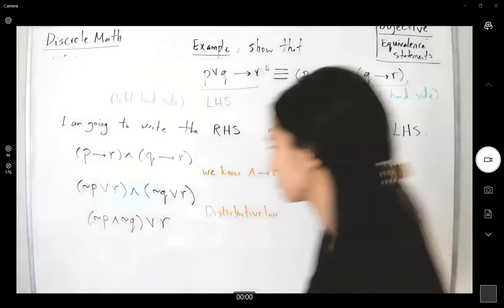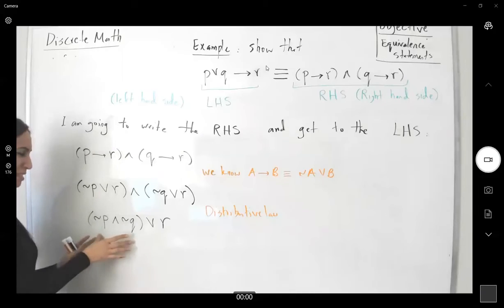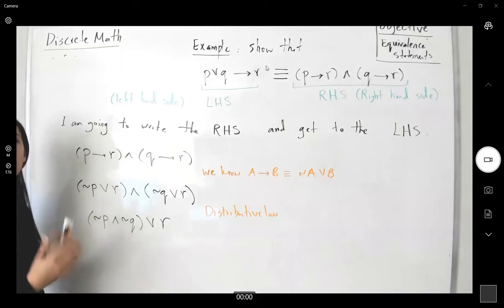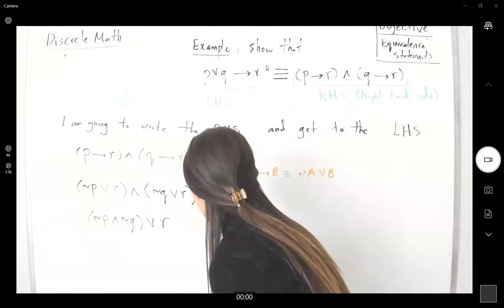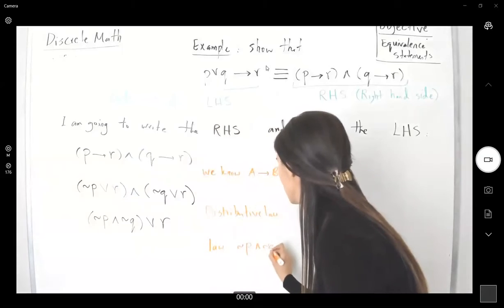Here we go. What about this part in parentheses? How can I rewrite this compound statement? Which law actually helps me to rewrite not P and not Q?